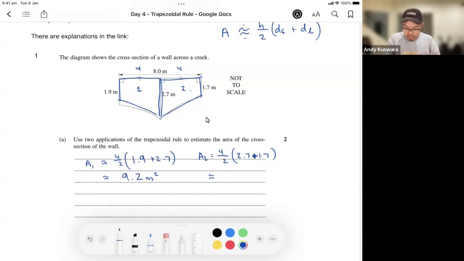And then for this one should be approximately roughly 8.8. And so your total area is going to be 18.0 meters squared. There you go. There's that one.